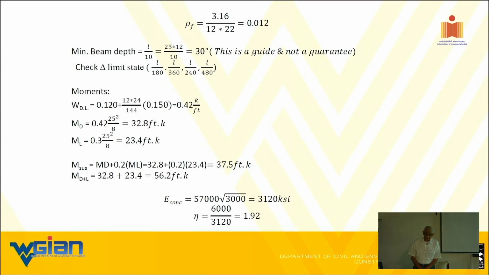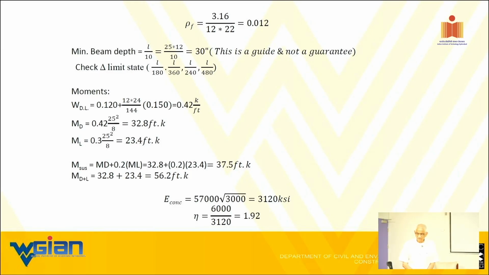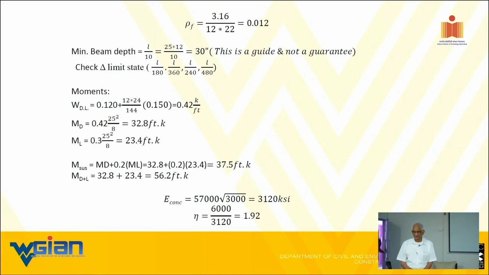I just said 98% of creep deflection takes place in 5 years. But I also said about 60, 70, 80% in the first year. In 3 months, approximately 40 to 50% of creep takes place. You follow me? That's why 3 months is significant.